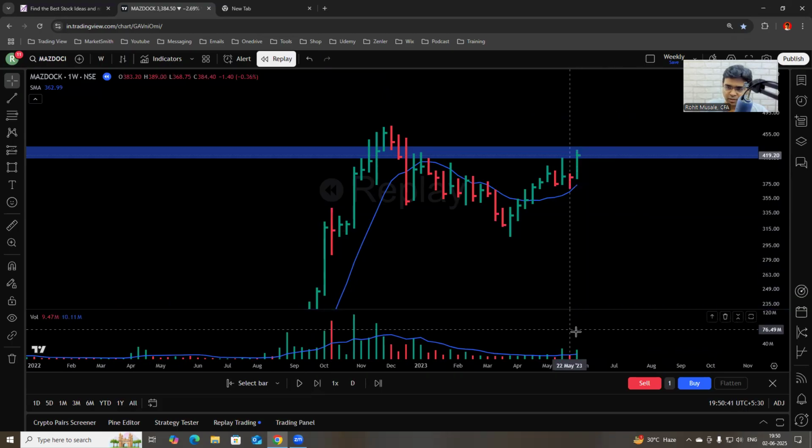Has it closed on high volume? Absolutely. The average volume is 12 million shares traded in the week, and the actual volume is roughly 24 million. So this is 100% of average weekly volume. So the stock has broken the pivot point with more than 100% of average weekly volume, right? That's a legitimate breakout.